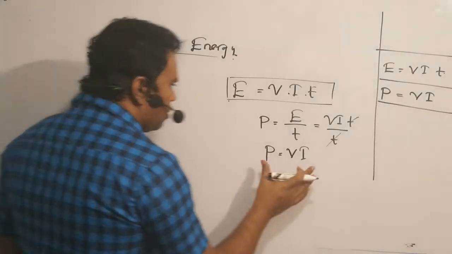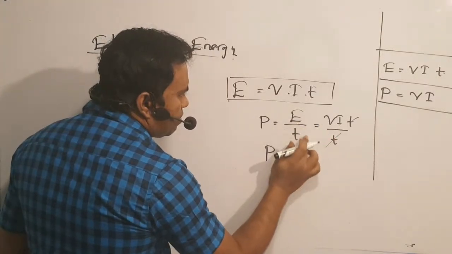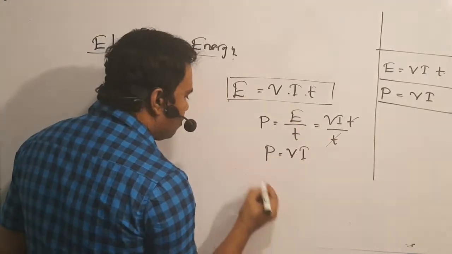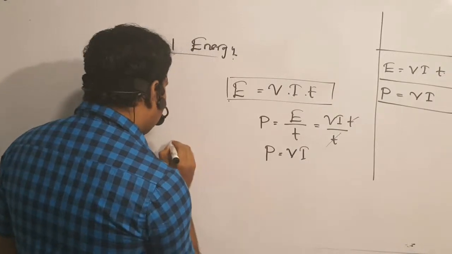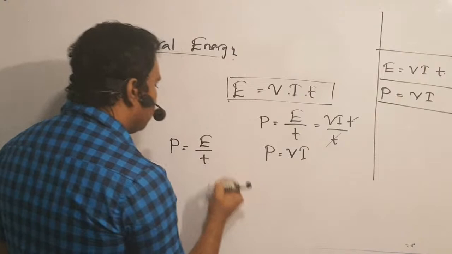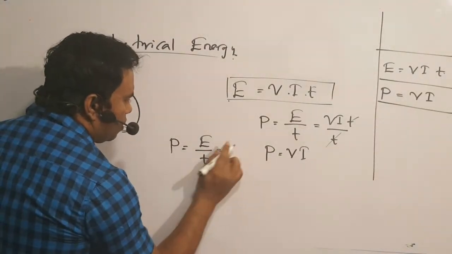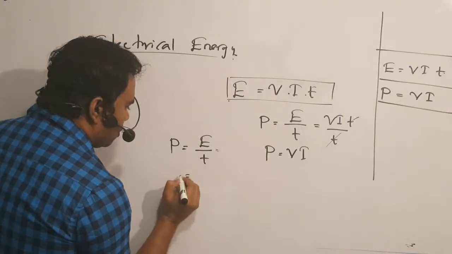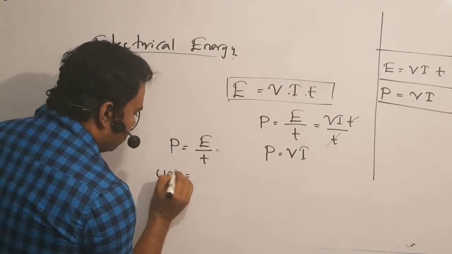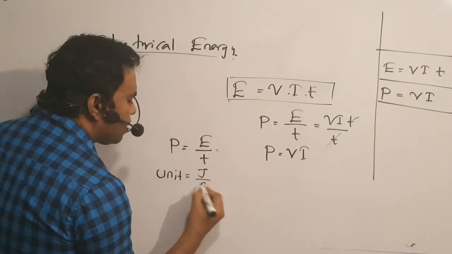Okay, because this energy is measured with P equals E upon T. Okay, so energy is measured with joules, and time is measured with seconds.